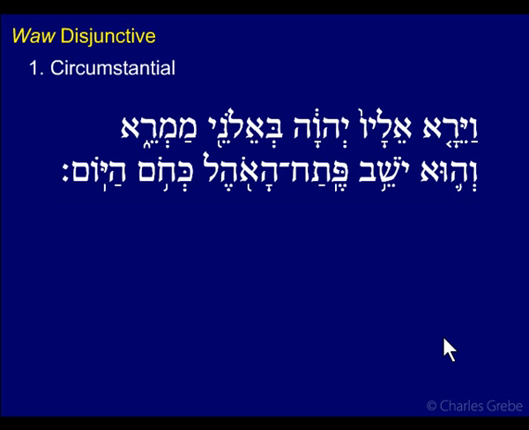All these examples are from the chapter in Ross. So this is Genesis 18, verse 1, and I'll read it here. Vayera elav Adonai be'elone mamre v'hu yoshev petach ha'ohel kechom hayom.